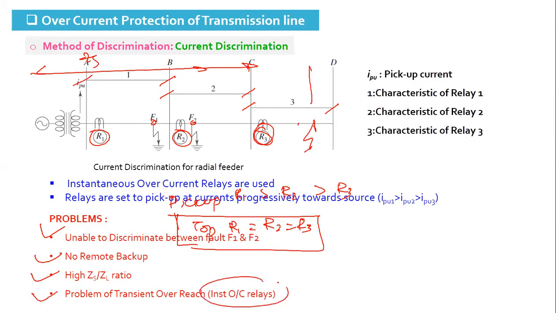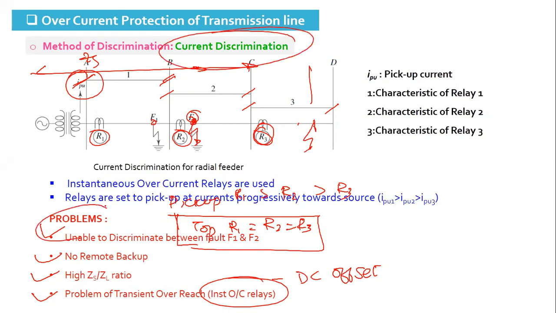They are affected by DC offset. Suppose the fault is in the nearby line section, but due to the doubling effect the fault current looks double, which is more than the pickup of this relay, so the relay will operate. So they have a problem with DC offset. Generally they are not set up to 100% of the line length, and due to this discrimination problem, this scheme is not used.